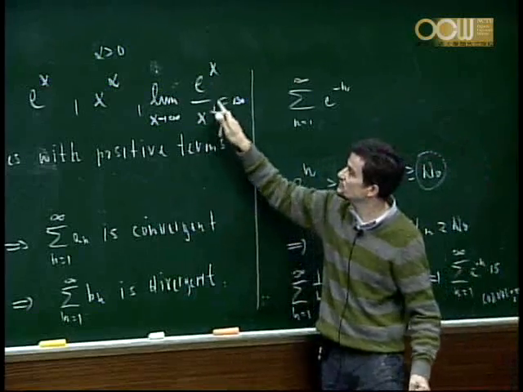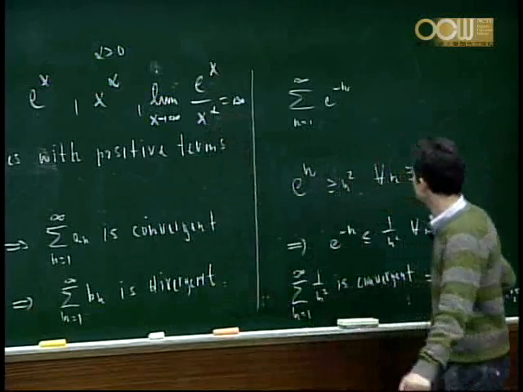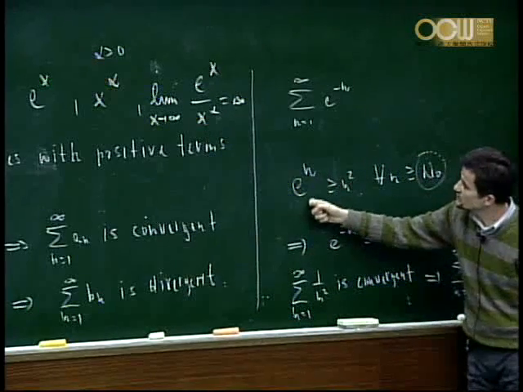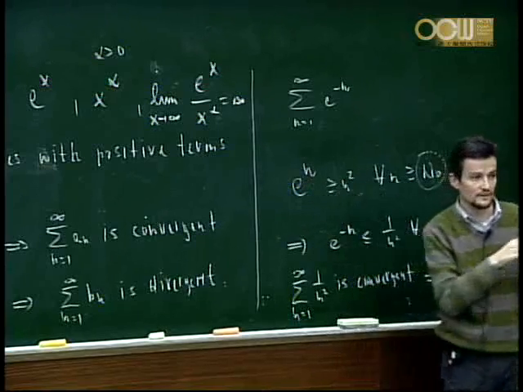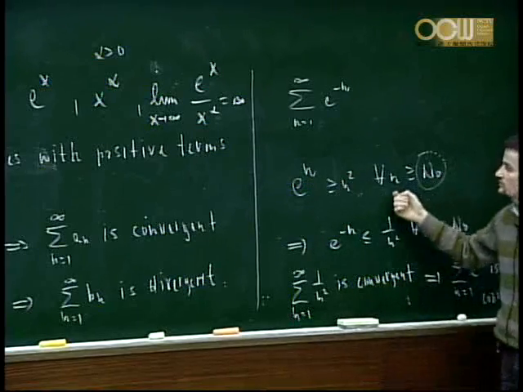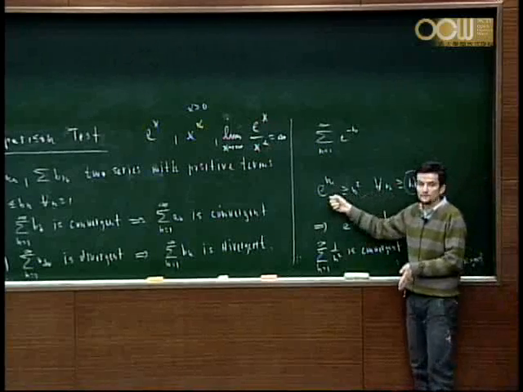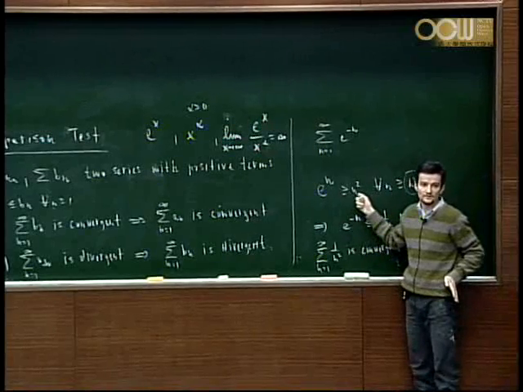From the limit definition, this already means that if you look at the function e to the n and the function n squared and you plot e to the x and x squared, you will see that starting from some large x, this function will be larger than this one, always.